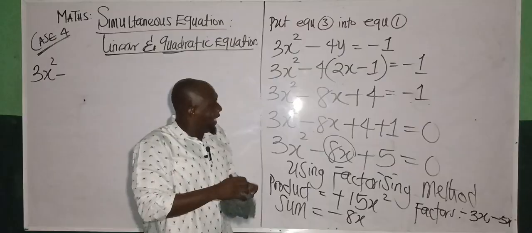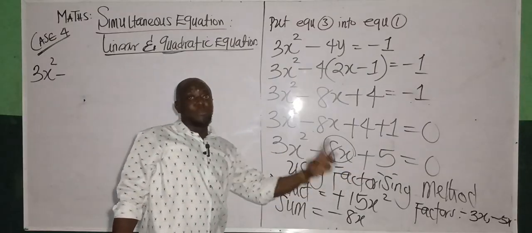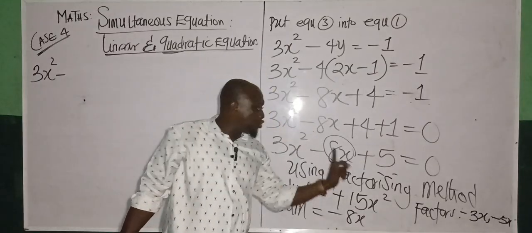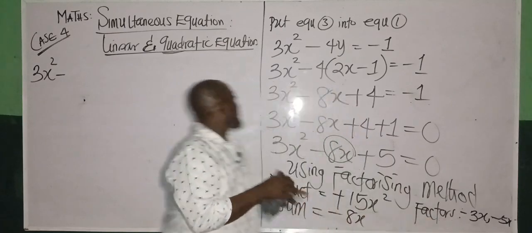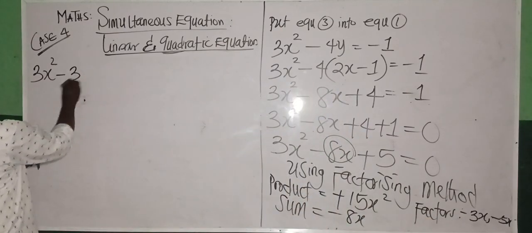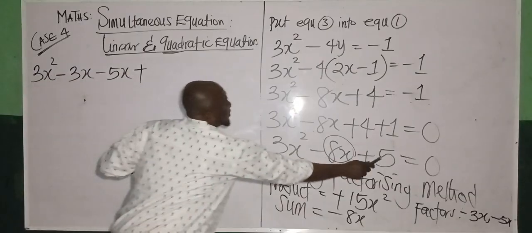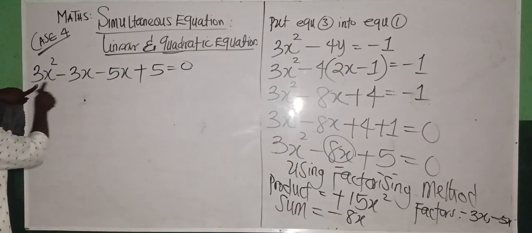Quad means 4. From the question, we are having just 3 values. This trinomial, 3 values. So how do we change it to quad, into 4? That is what we want to do now. So don't put this minus 8 anymore. Put these 2 values. So this will give us minus 3x minus 5x, then plus this value here. Everything gives us 0. So if you check now, the values here are 4.